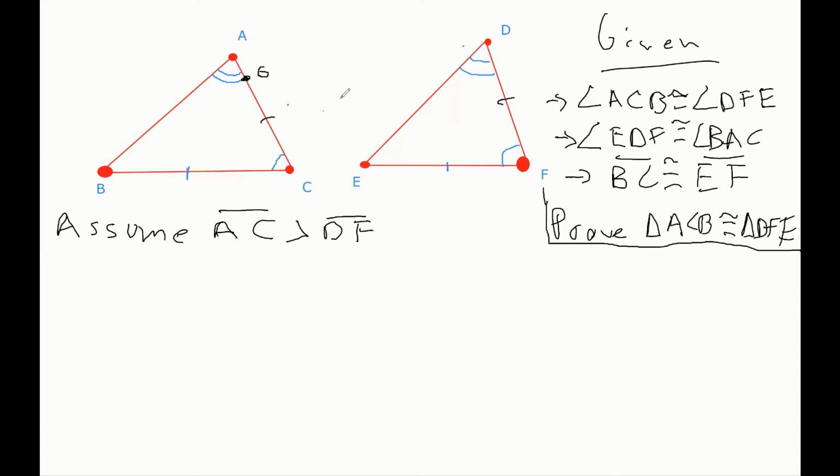Again, we can do this by proposition 3 from book 1 of Euclid. So now we have a new fact: we're supposing that the length of CG is congruent to FD.